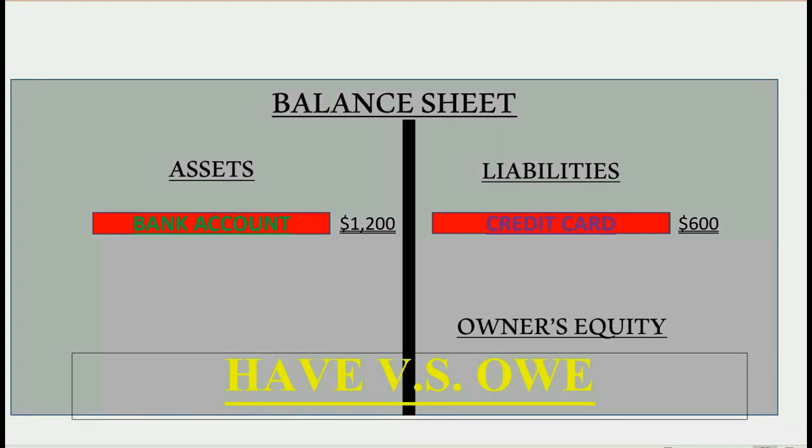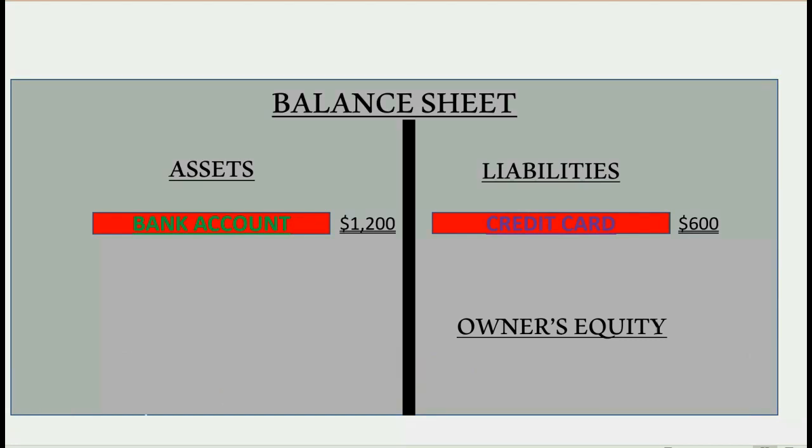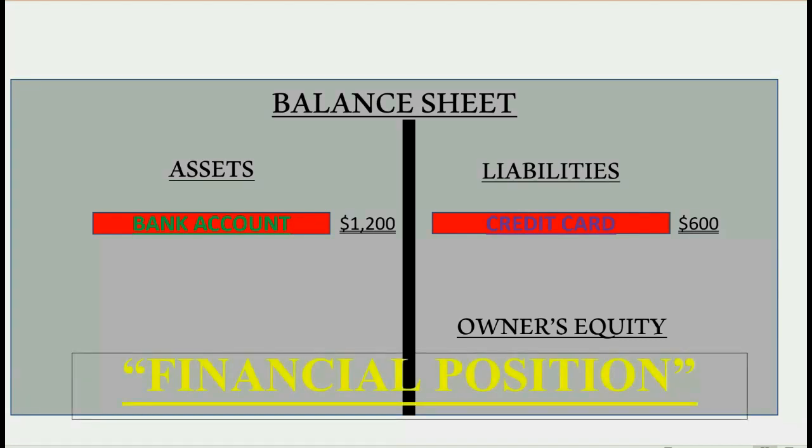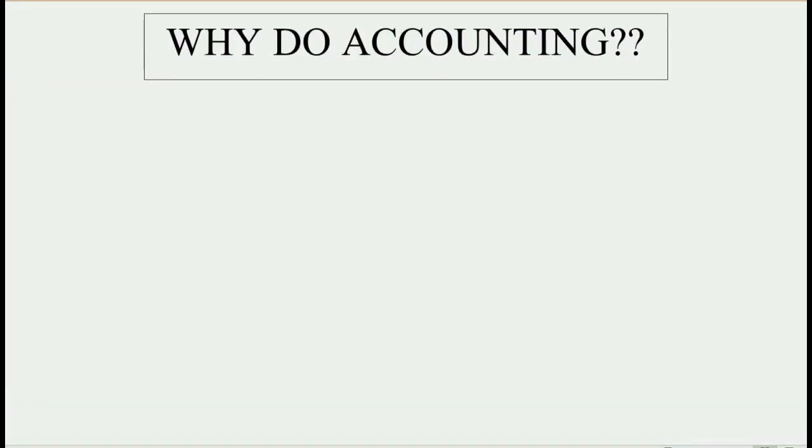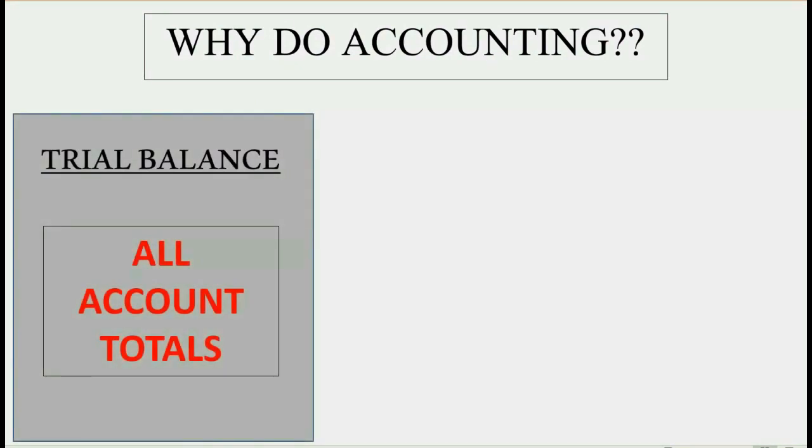And of course, this is a very abbreviated balance sheet, but you can see if you compare your bank account's balance to your credit card balances, you'll have a good sense of the financial position of the company. And that's the reason we use the chart of accounts. And all of this accounting ultimately results in taking the ending balance of each account and listing it on our good friend, the trial balance.